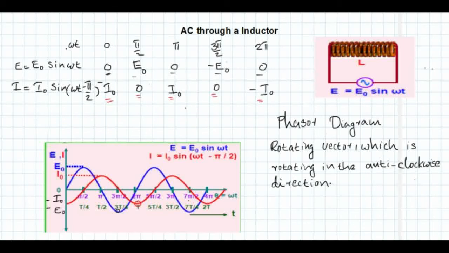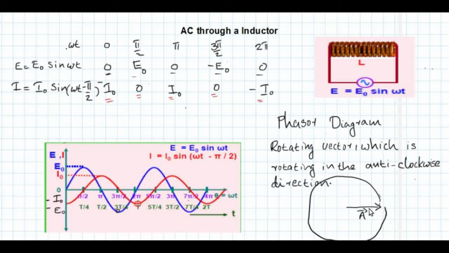So for simplicity we may draw a vector. Let this be vector A, and this vector is rotating in the anti-clockwise direction. Since it is rotating in the anti-clockwise direction, the value of omega t will be changing, right? This is the starting point, the reference point, and with respect to this point we can find different values of omega t.